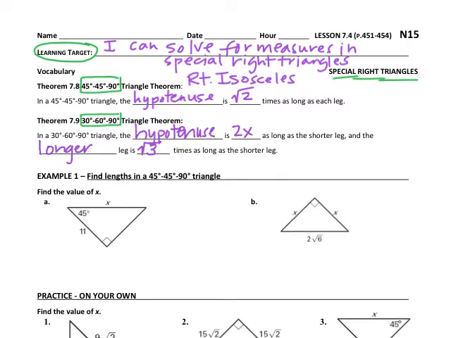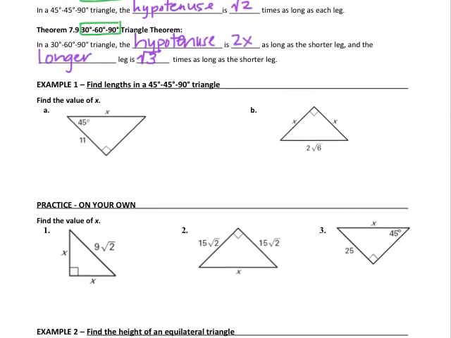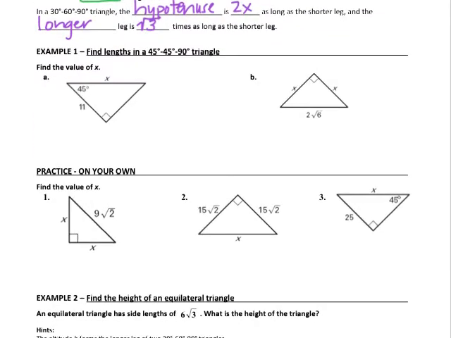So let's go ahead and take a look at the first example. The first example has to do with the 45, 45, 90 triangle, and if we take a look here, this leg is 11, so therefore this leg is 11 because we have a 90-degree angle here, and these two angles are going to be 45 degrees each. And we know that if the angles here are 45 each, then the sides have to be the same length, and this is an isosceles triangle.